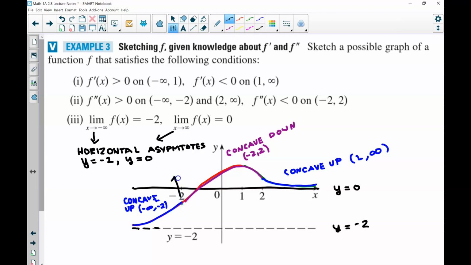Here is an inflection point at x equals -2, and that tells you when it's changing, going from concave up to concave down. And then also over here at x equals 2 is an inflection point.